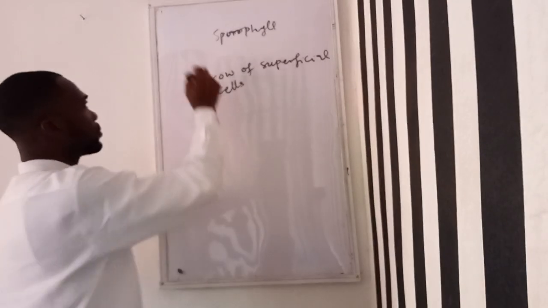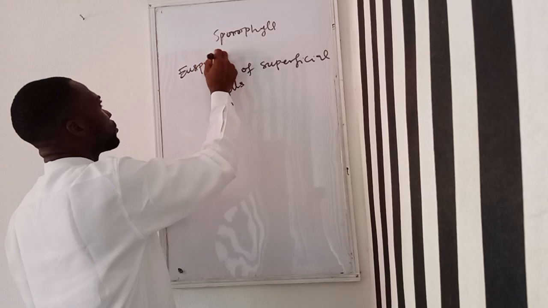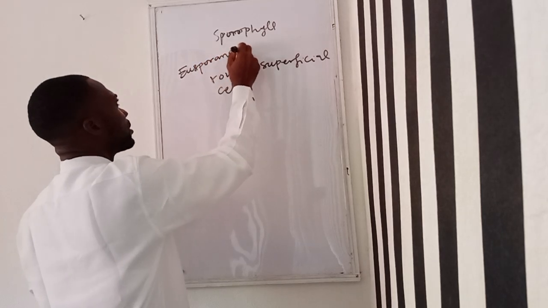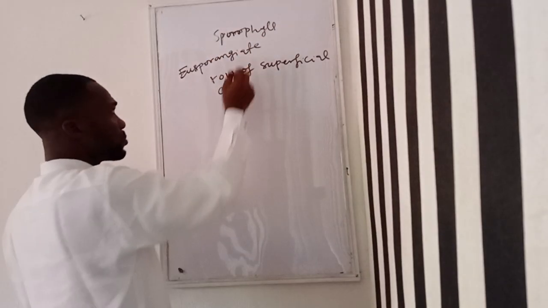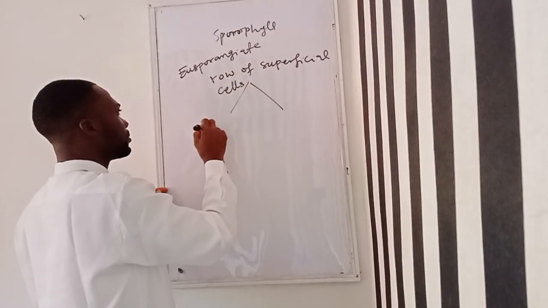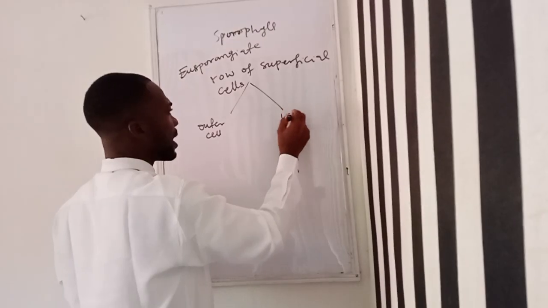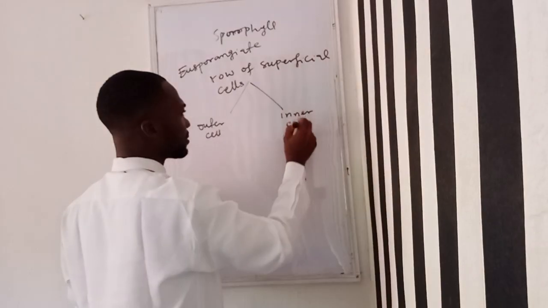So in the case of Eusporangiate, this row of superficial cells now divide into two to form the outer cells and the inner cells.